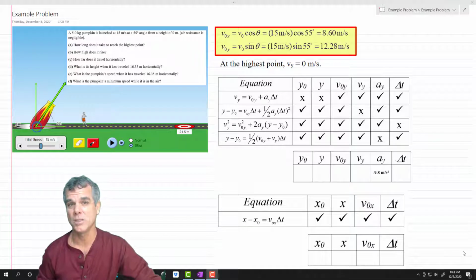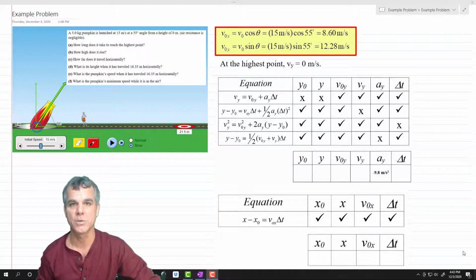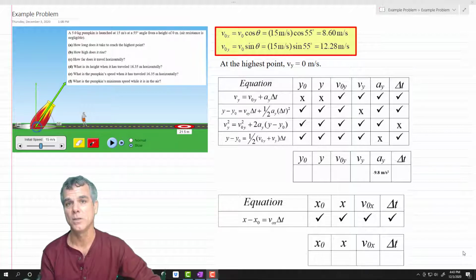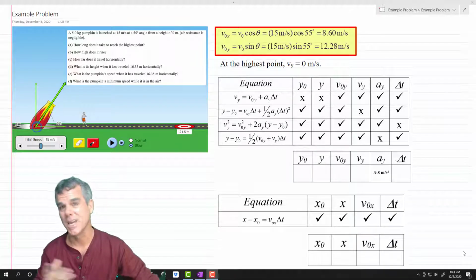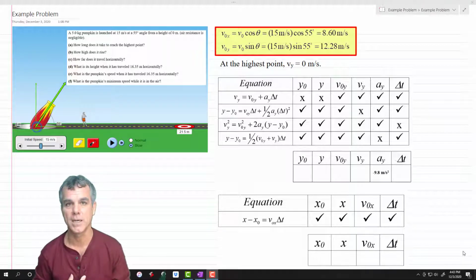The launch angle is 55 degrees. What we get is that the initial velocity in the x direction is 8.60 meters per second. The initial velocity in the y direction, 12.28 meters per second. Now I'm keeping an extra significant digit or two so I can get my calculated answers to match those that you can get from the animation.